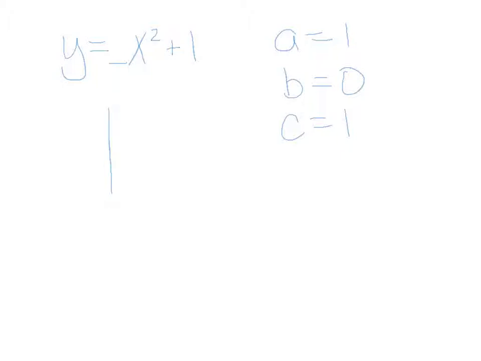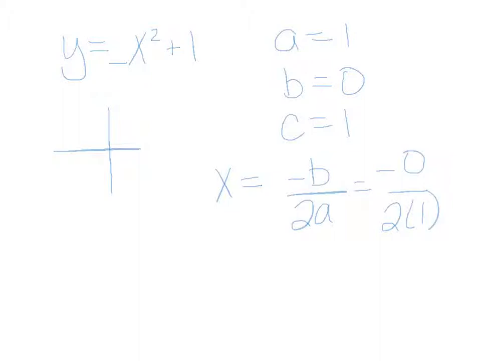So let's go ahead and find the line of symmetry. The negative b over 2a. Again, we have minus 0 over 2 times 1. So the line of symmetry is the y-axis. And where is our vertex?